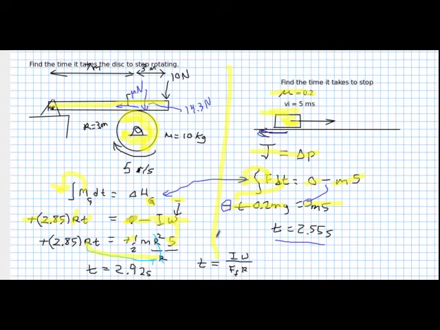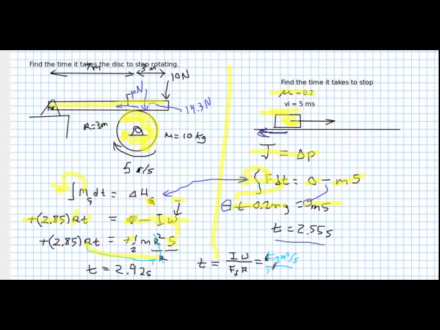Okay, so let's see, does that check out unit-wise? Well, the units of I would be kilograms meters squared, and omega is radians per second.